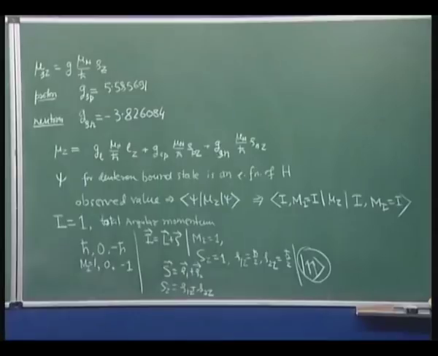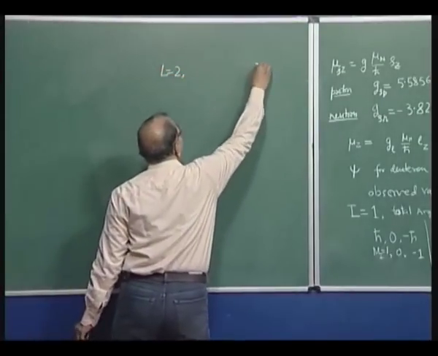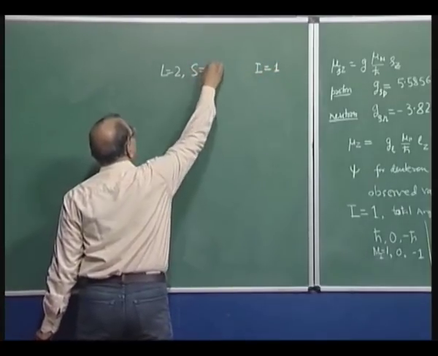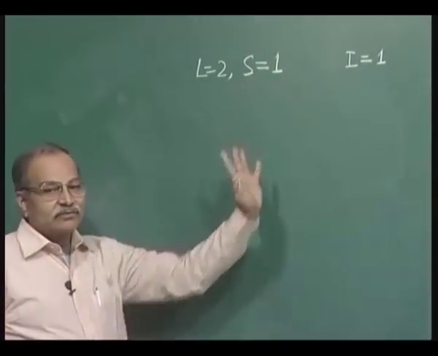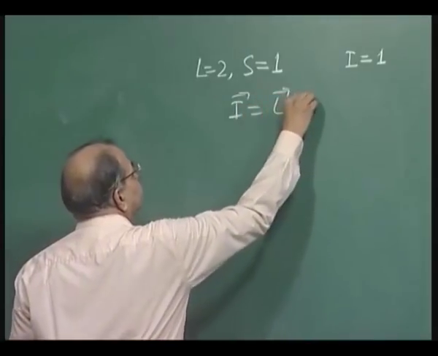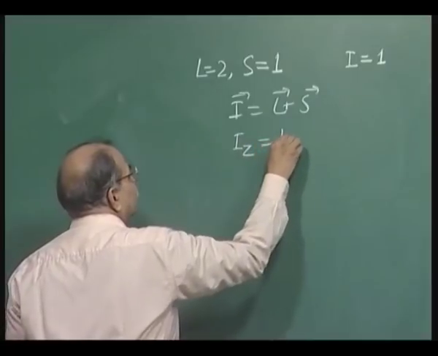If L is equal to 2, and remember I must be 1 and S is equal to 1, these combine to I equal to 1, and I is L plus S. So, I z is L z plus S z.